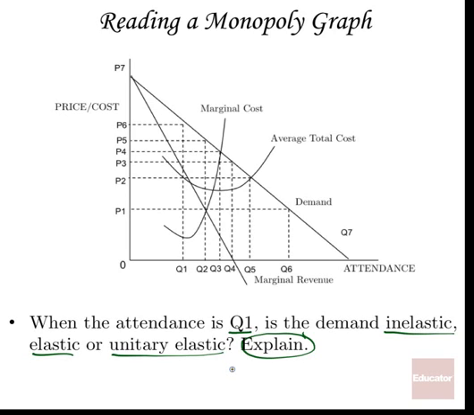One thing you can actually do, even without a graph, is figure out, just from a common sense perspective, if prices are high, is demand going to be elastic or relatively inelastic? Think about very high prices and people's willingness to pay for large ticket items.